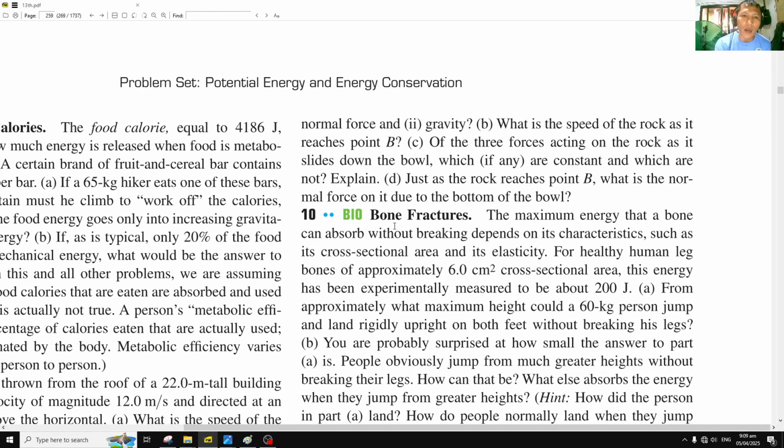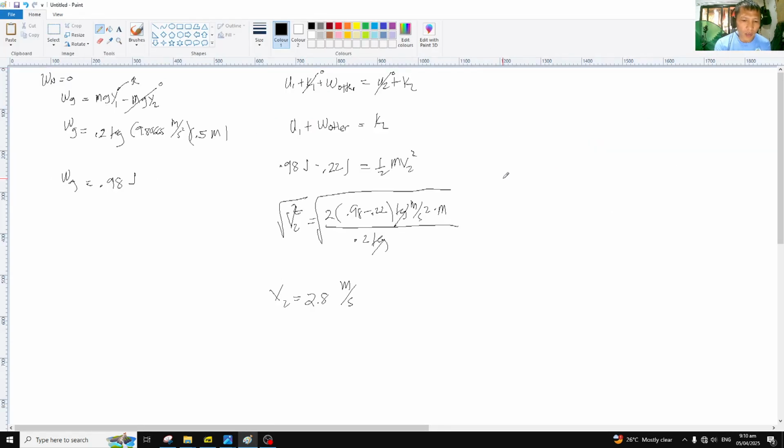What is the normal force on it due to the bottom of the bowl? So just as the rock reaches point B, what is the normal force? So the normal force would be equal to... we have to compute. Okay, let's compute the normal force. At the bottom, this is your rock. It has velocity going there.